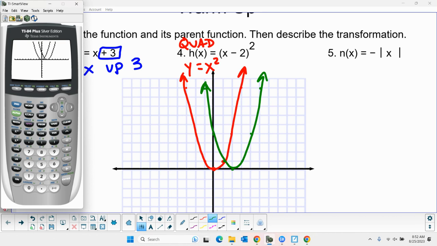Again, if you want to see the table of values that go with it, your XY table, you can hit second graph, and it'll give you the table of values. You can always do an XY table to graph something, right? Any graph at all, if you have the rule, the function or the equation. Okay? Questions on that one? All right.